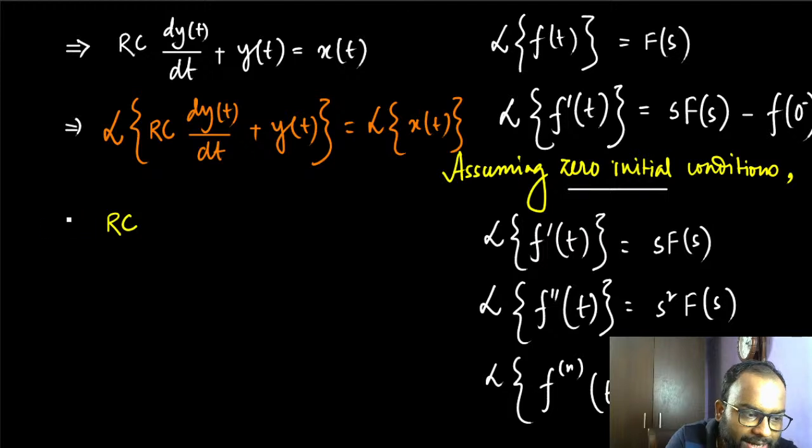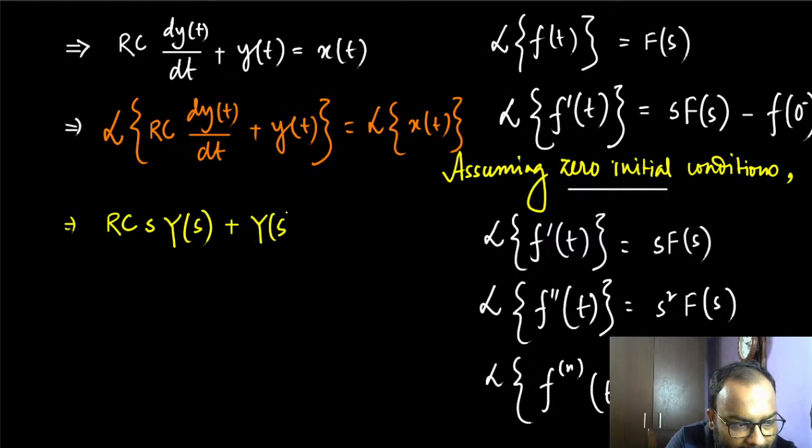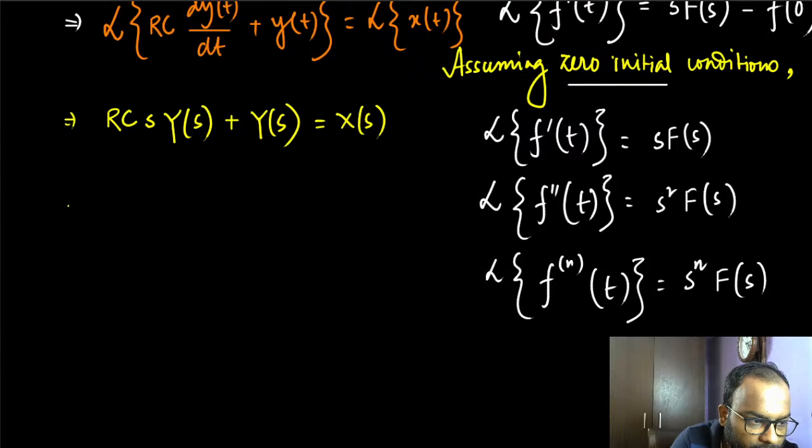RC are constants, the Laplace transform of the derivative of y(t) is going to be s times Y(s), assuming zero initial conditions, plus Y(s), and this is going to be equal to X(s).